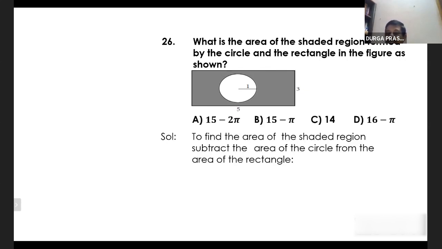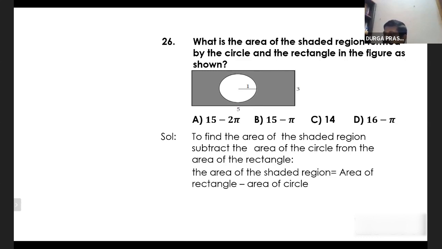Minus 2 pi r, so you have option A. Oh, sorry, it is pi r square, this is not the thing. So B. It is length into breadth minus pi r square. Let us go to the next question.